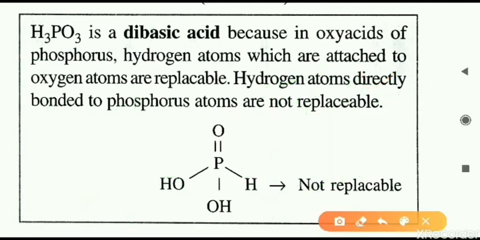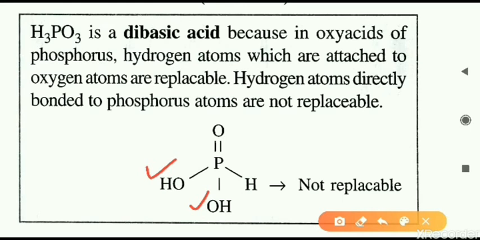Now you see the structure here, this is the structure of H3PO3. Phosphorus is in the center, and you can observe that 2 atoms are bonded with OH. One hydrogen is directly attached to phosphorus. So basicity depends on the number of hydrogen atoms which are attached to oxygen. How many hydrogens are attached to oxygen directly here? Only 2.